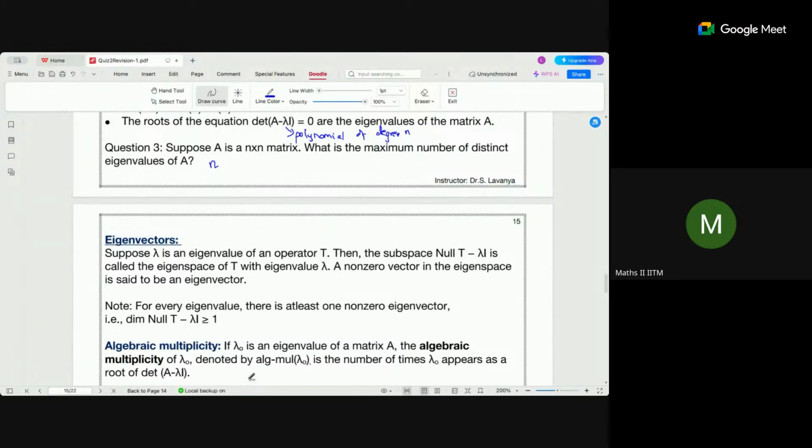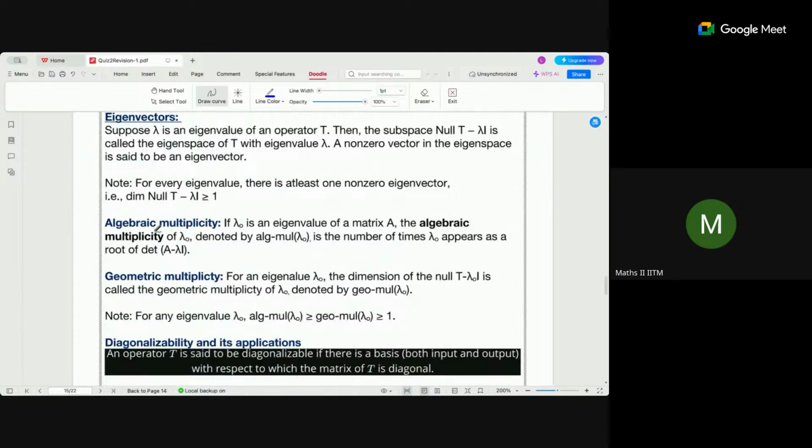Now, what is algebraic and what is geometric multiplicity? Suppose you have a 3 cross 3 matrix, and the eigenvalues are 1, 1, 2.